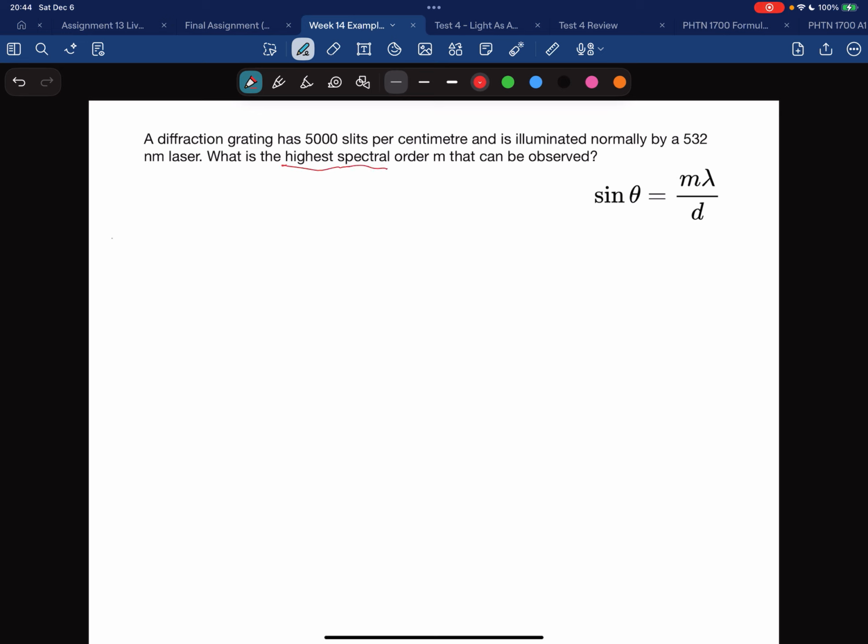So we are looking for M. I will rearrange our diffraction grating formula for M. And first, let's look at D. We need to know what this is. D is equal to 1 over the number of slits per meter, which is 1 over 5,000 times 100.